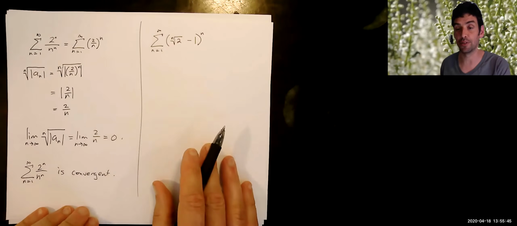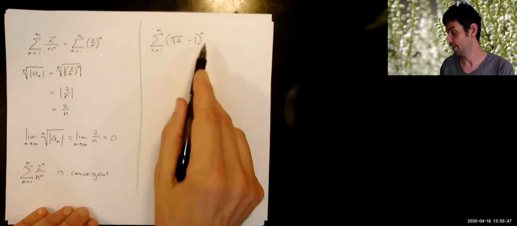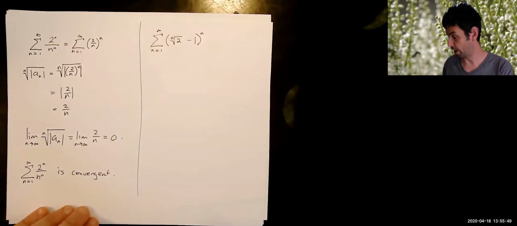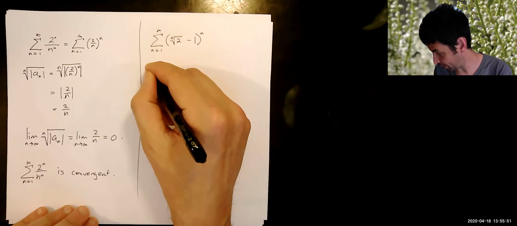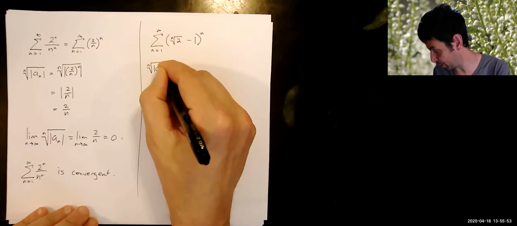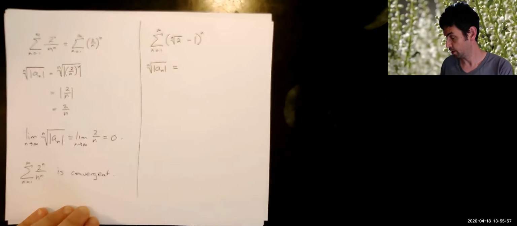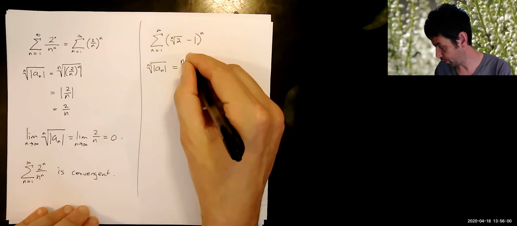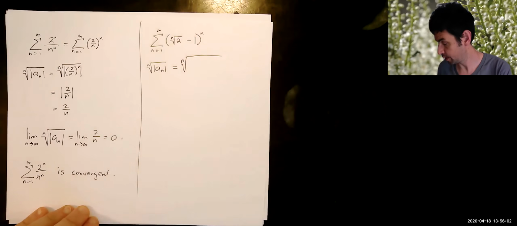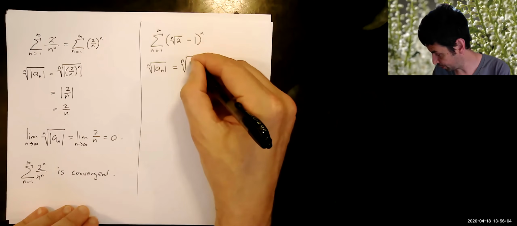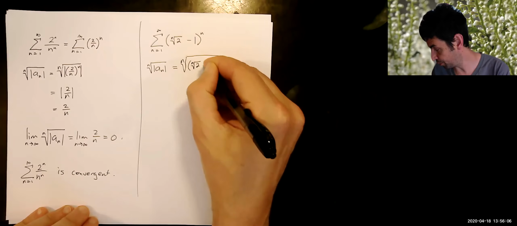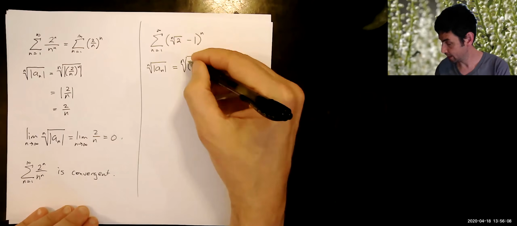This is a good time to think about trying the root test. So let's take the nth root of the absolute value of these terms. We get the nth root of the absolute value of the nth root of 2 minus 1 to the n.